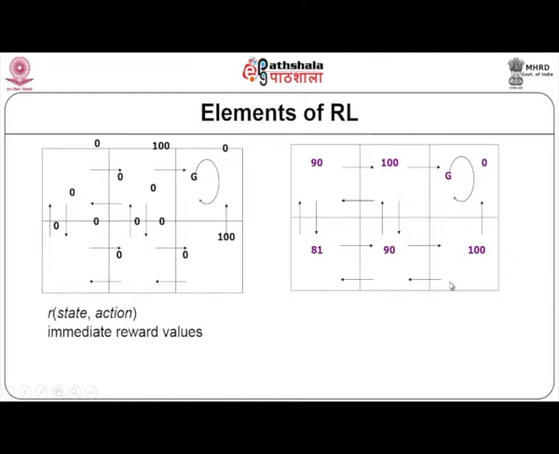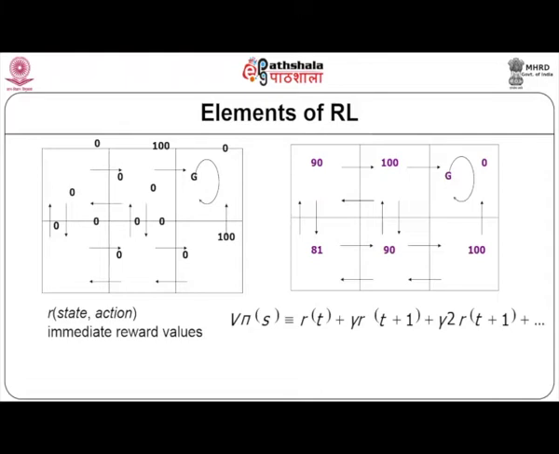From here to here it becomes 90, this to this 81, this to this 19, this to this 100, and so on. If you reach the goal state, you get 100. Given a state, the action here is the upward movement, sideward movement, whatever. So, given a state and the action, you can specify the reward.